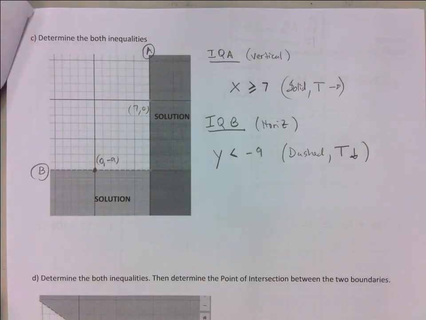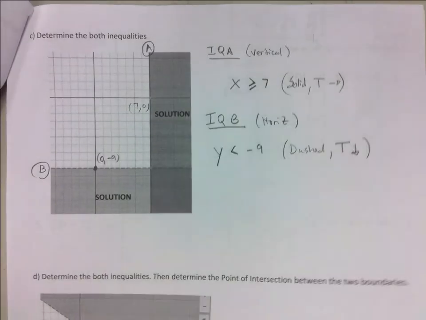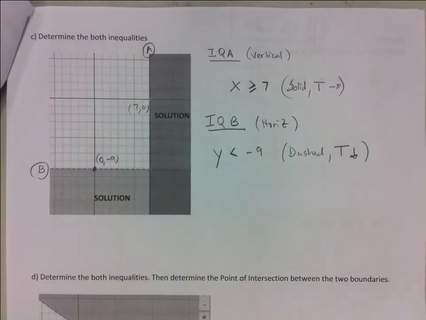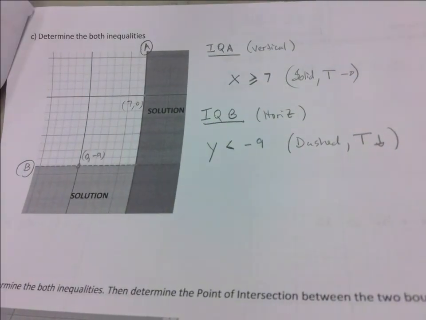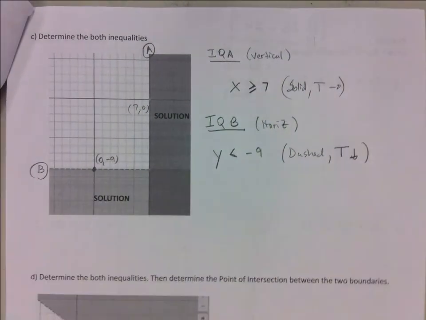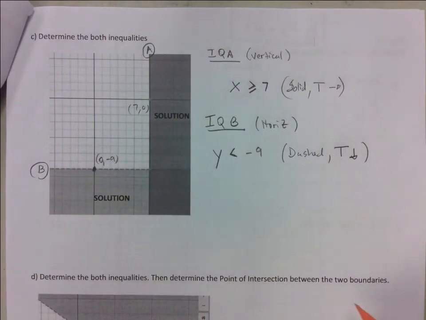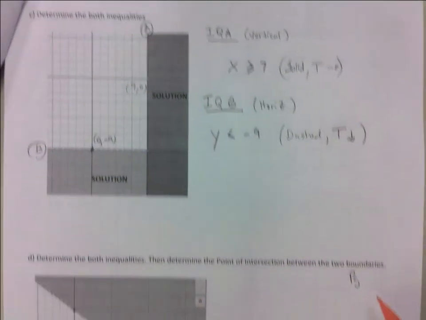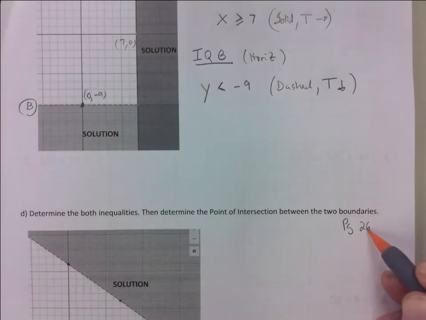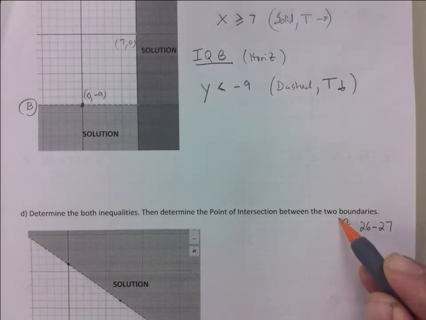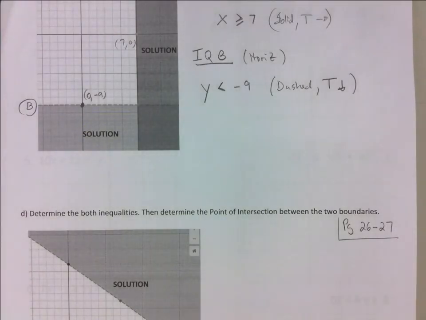All right, I want you to practice D, okay? And then page 23, sorry, not 23, 25. I lied again. I want you to try this one, and then I want you to go page 26 and 27, okay? It's about rewriting inequalities. So we're going to park here for a little bit.